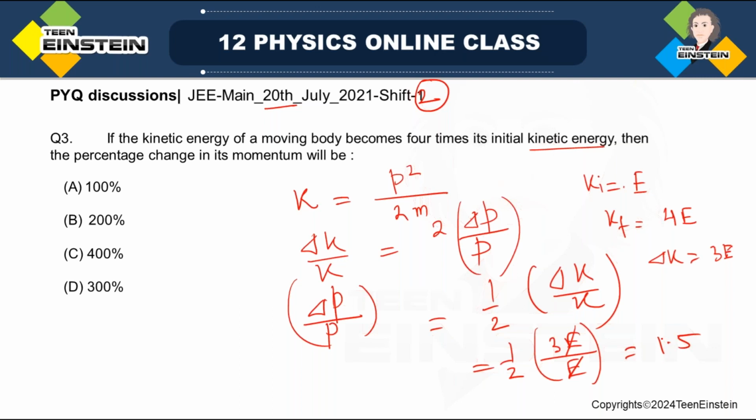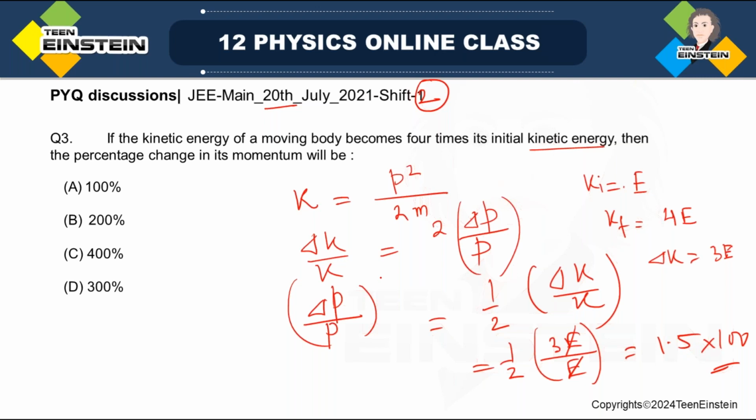If we multiply by 100, what do we get? Okay, so this seems to be incorrect.